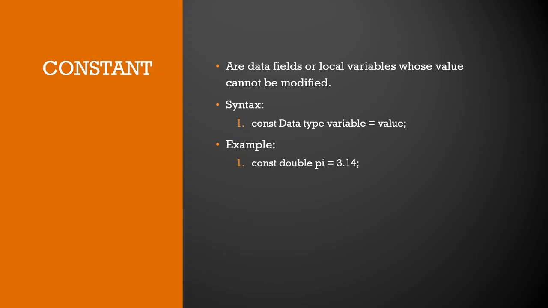Const double pi equals to 3.14. We don't want other developers to change the value of pi because it's going to be constant. So whenever you want variables whose value cannot be changed during the program, define them as a constant so they won't be modified while the program is executed.